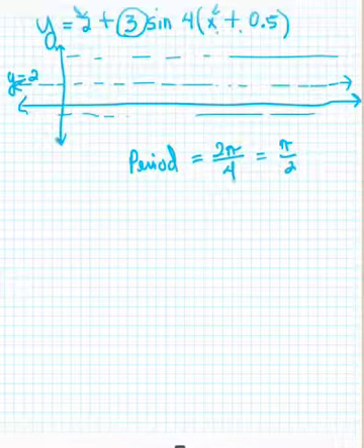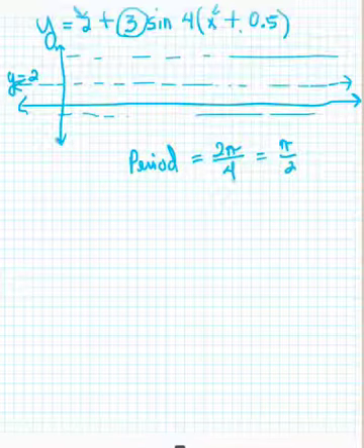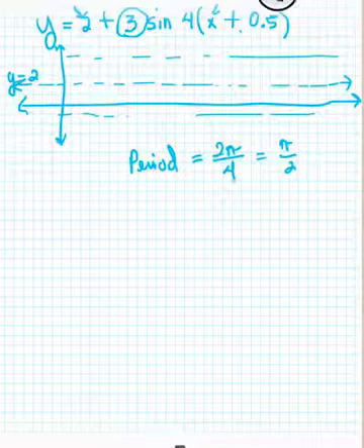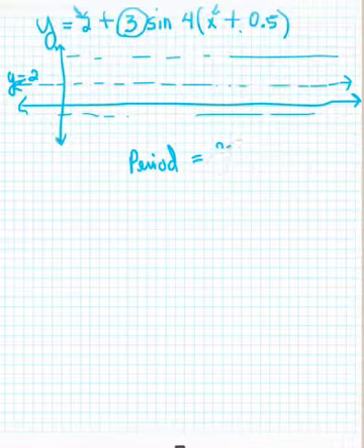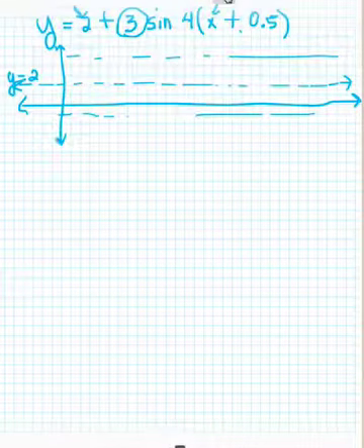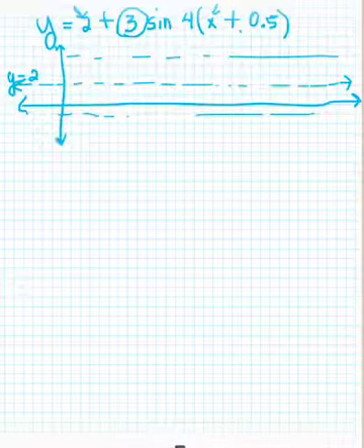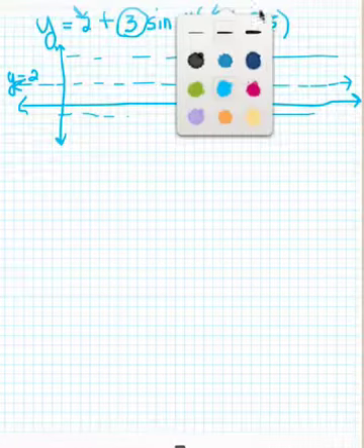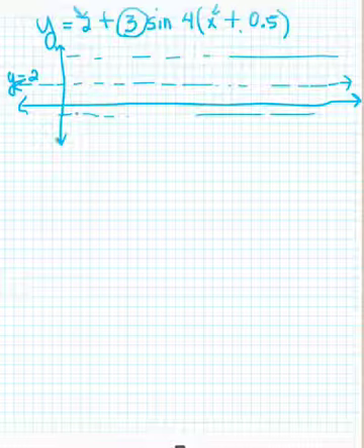Okay. Well, I wonder if it's helpful to number the x-axis by pi's or by just regular numbers. Never quite know what to do there. Well, let's go ahead and do it by pi.